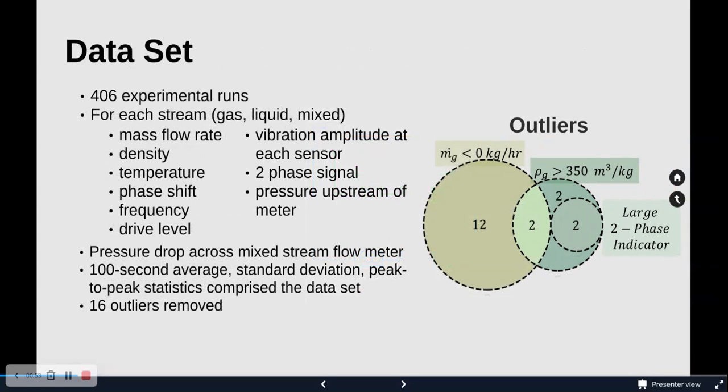The data set consisted of averages of 406 experimental runs, from which I had to cut 16 outliers. For example, there were 6 data points where the density of the gas was much higher than you'd expect at those temperatures and pressures.